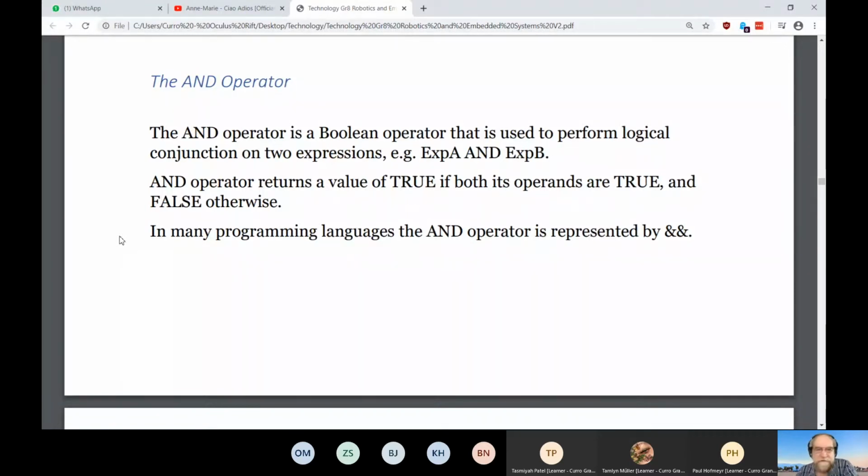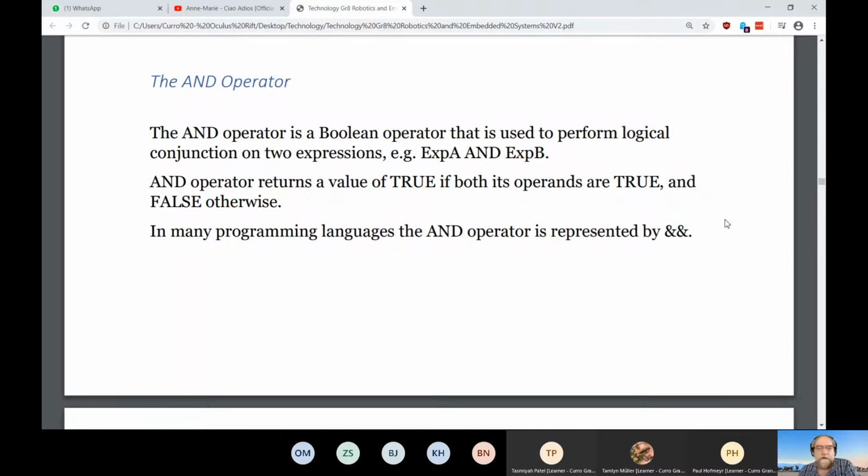It says AND, so expression 1 and expression 2 have to be true to get a true result. In many programming languages, the AND operator is represented by two ampersand signs. It definitely looks like that in Java, and many programming languages look like that, or they write the word AND, one of the two.